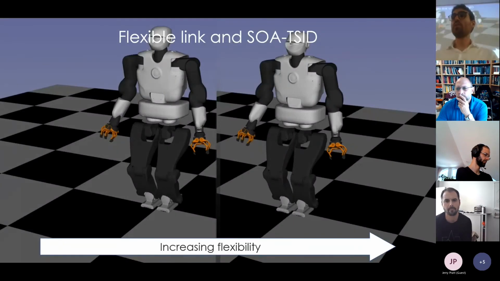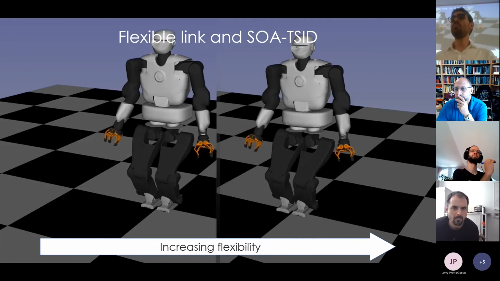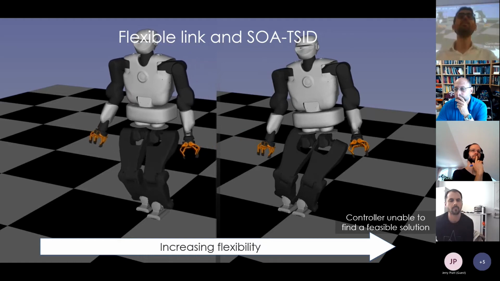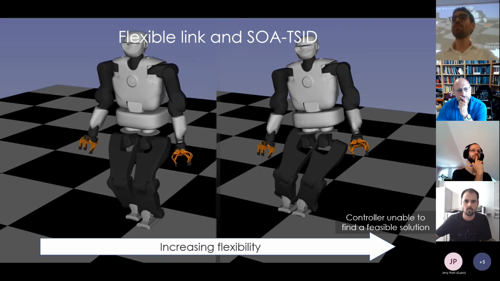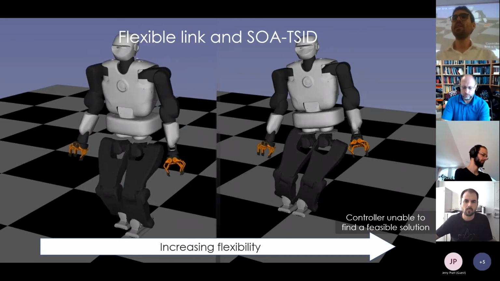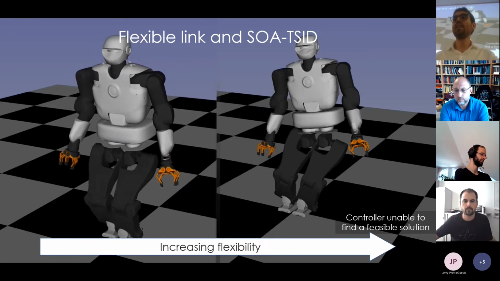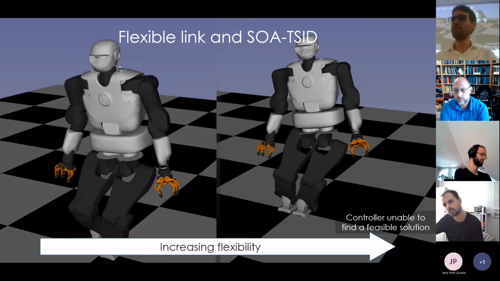When the links of the robot are sufficiently stiff, a controller based on the rigid body assumption works fine. However, when the robot is equipped with flexible links, it's crucial to design a control strategy that considers the link flexibility. So in this part of the presentation, I will present a whole body controller that allows a humanoid robot with flexible links to work in a rigid environment.